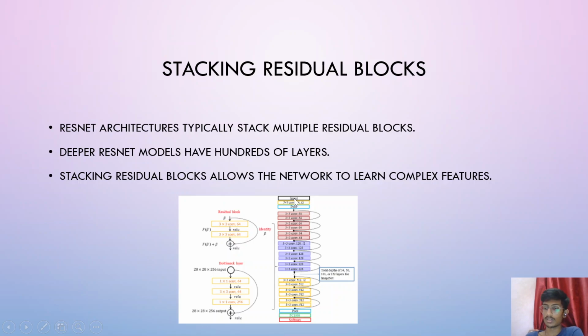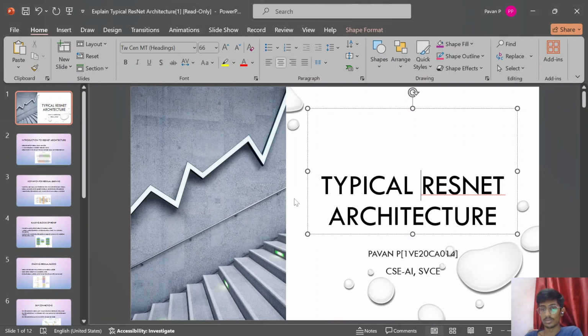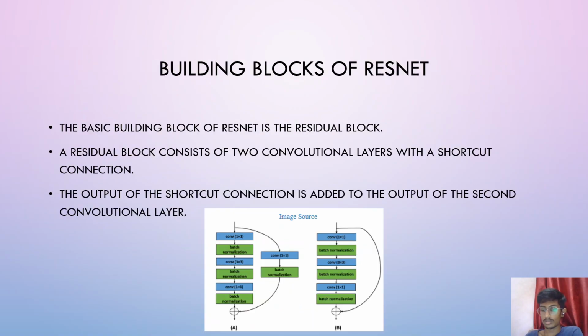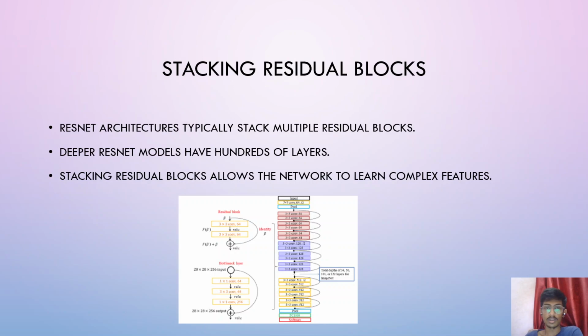This is how complex features are extracted. So if a feature has hundreds of details, it will extract the proper complex features.